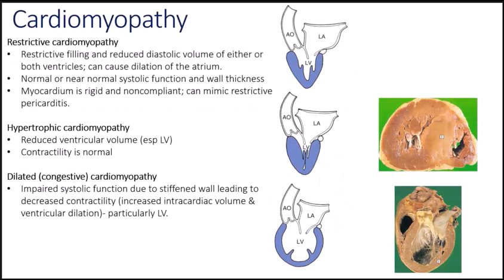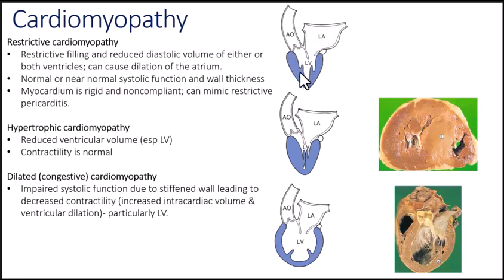Let's have a look at the different types of cardiomyopathy, conditions affecting the myocardium of the heart, and we'll look at restrictive cardiomyopathy first. This is characterized by restrictive filling and reduced diastolic volume of either both ventricles or just one. So let's look at the left ventricle as an example. The left ventricle here is not allowing for the normal filling to occur from the left atria.